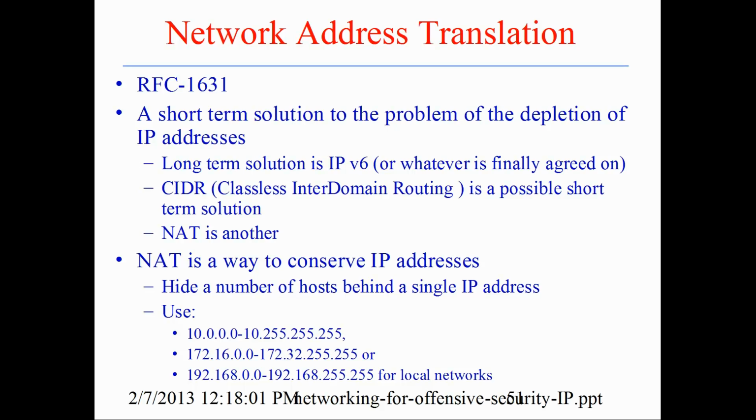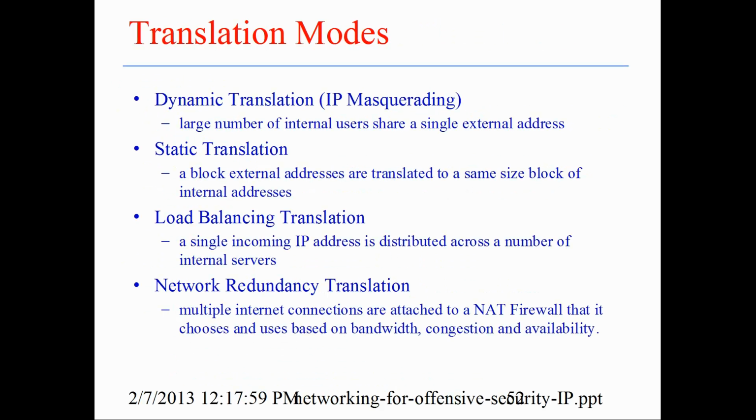So network address translation is one of the lesser understood technologies on the internet. It's specified in RFC 1631, and it is designed as a short-term solution for the depletion of the IPv4 range. Classless inter-domain routing, or CIDR, is also another short-term solution. There's an alternative to NAT, and effectively there are 4 ways of doing it.